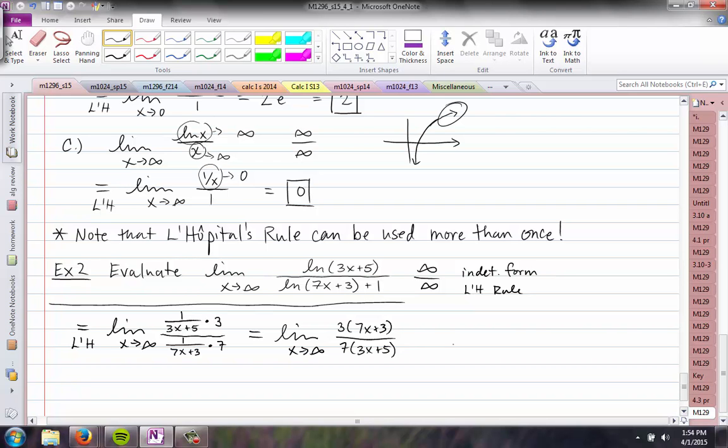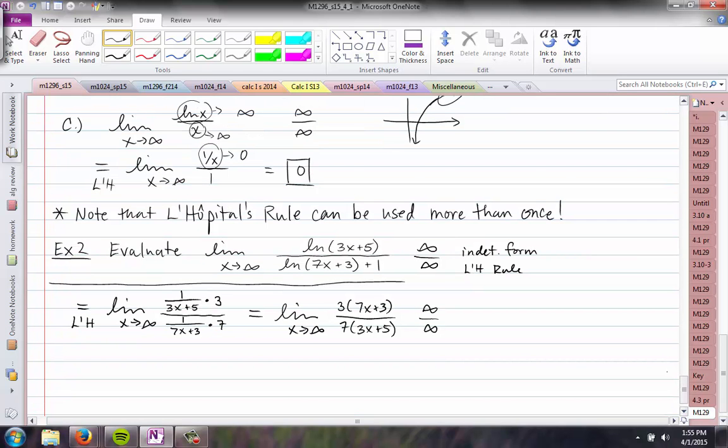If I try to evaluate this limit in this form, I get infinity over infinity. And the derivative of the top and the bottom is much easier in this one. So this was a better form. Yes, it's still indeterminate, but this is a better form to think about the limit and also proceed with L'Hopital's rule.